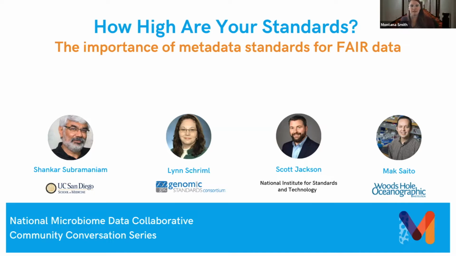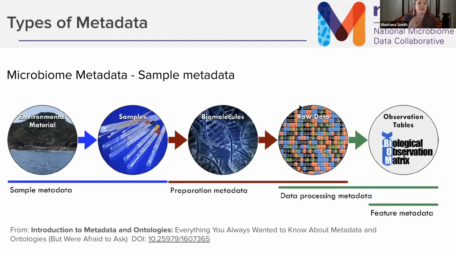So metadata comes in all shapes and sizes. Within the NMDC, when we talk about metadata, we've placed these into categories to help people understand what they're talking about at what stage. We have sample metadata, which describes the environmental material or the biosample that you've collected.